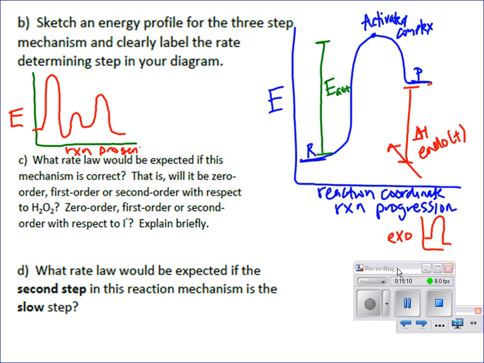This is the progression of the reaction. Now on this picture, I'd like you to tell me where I might find the energy of the intermediates. The valleys. Yep, down here. That's an intermediate. That's an intermediate.